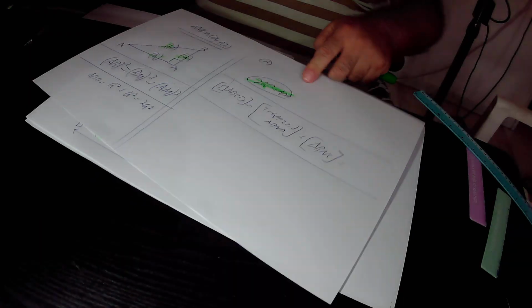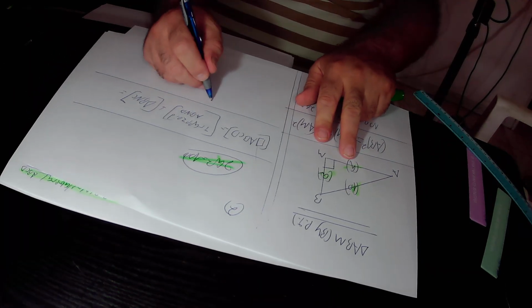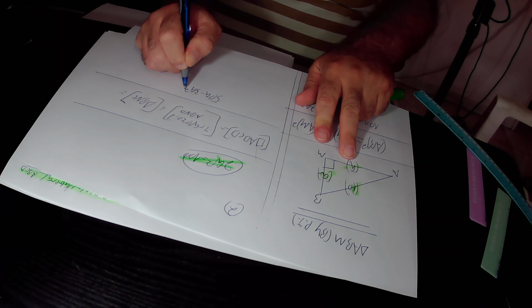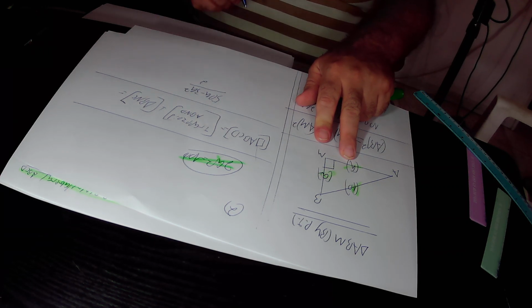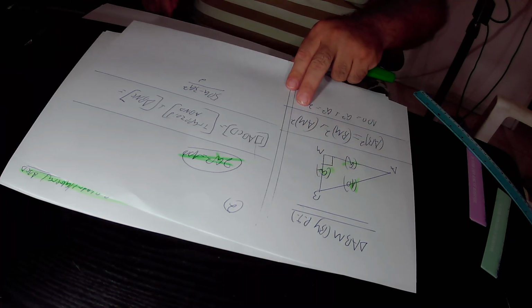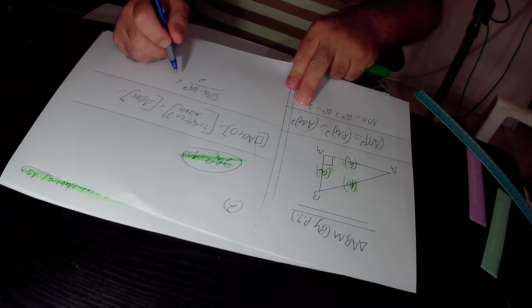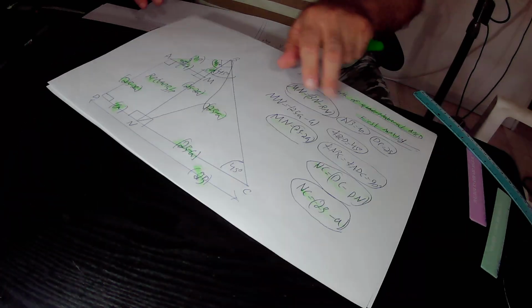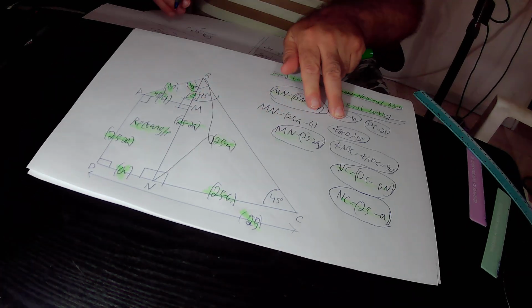So it is done, we found that the area of trapezoid ABND equals 50A minus 3A squared over 2, plus the area of the right triangle BNC.